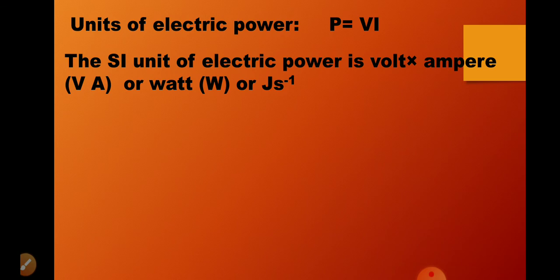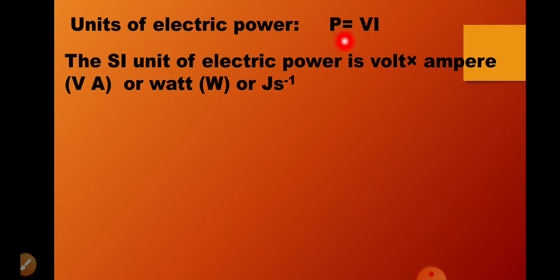Here is the relationship: P is equal to V into I. If the potential difference V is 1 volt and the current I is 1 ampere, then the power of the device is said to be 1 watt.